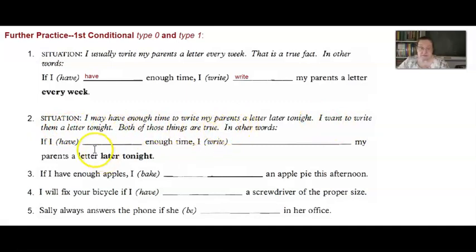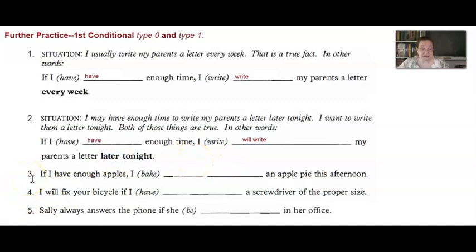So in other words, if I have enough time, remember that the if clause in the first conditional is always, always, always written in the present simple. It's the result clause that changes between the type 0 and the type 1. I will write my parents a letter tonight.